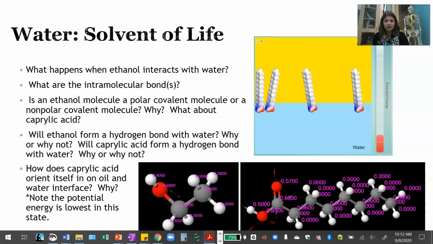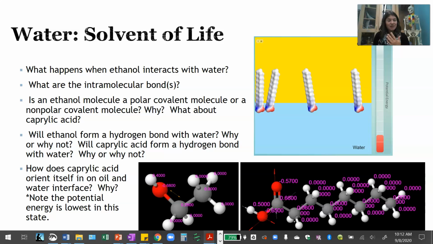Caprylic acid has a lot more carbon in it, and a lot more carbon-carbon bonds and carbon-hydrogen bonds, a lot more nonpolar covalent bonds. There are definitely some polar covalent bonds on this end, but a lot more nonpolar covalent bonds.